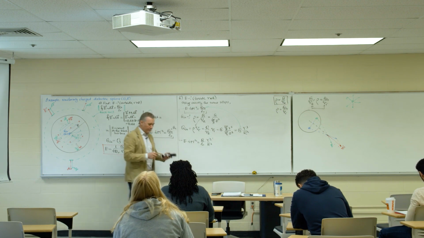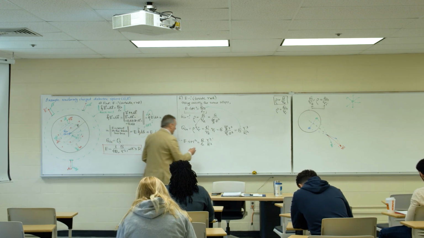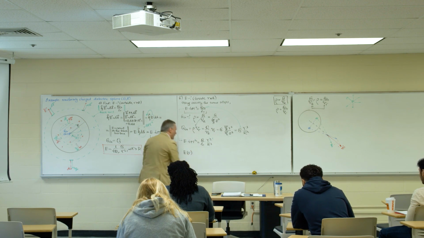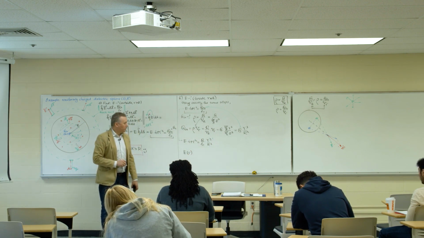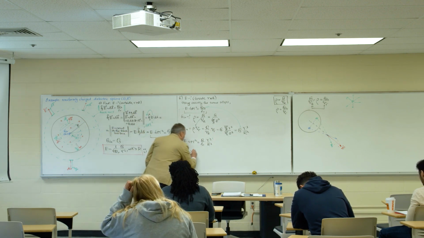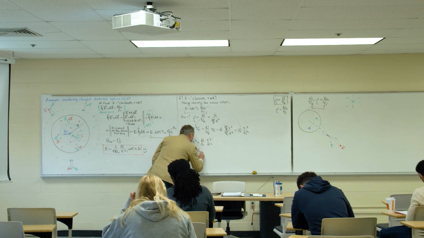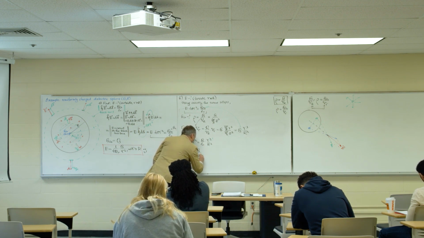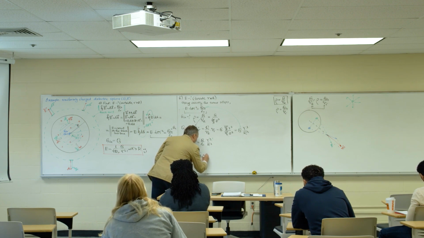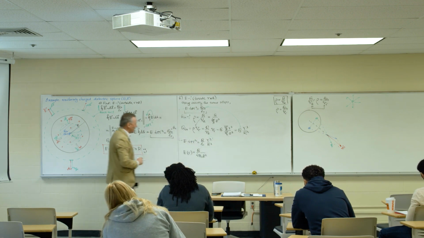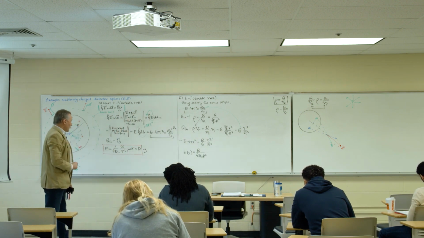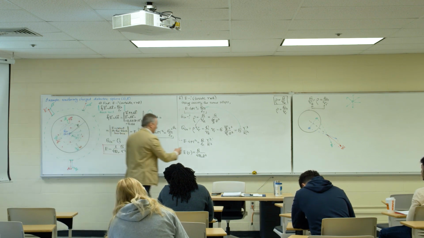This will be cancelled, and as a result we're getting the final answer as a function of r. It's q over 4 pi epsilon naught R to the power of 3, times r. I'm just first collecting all the constants.